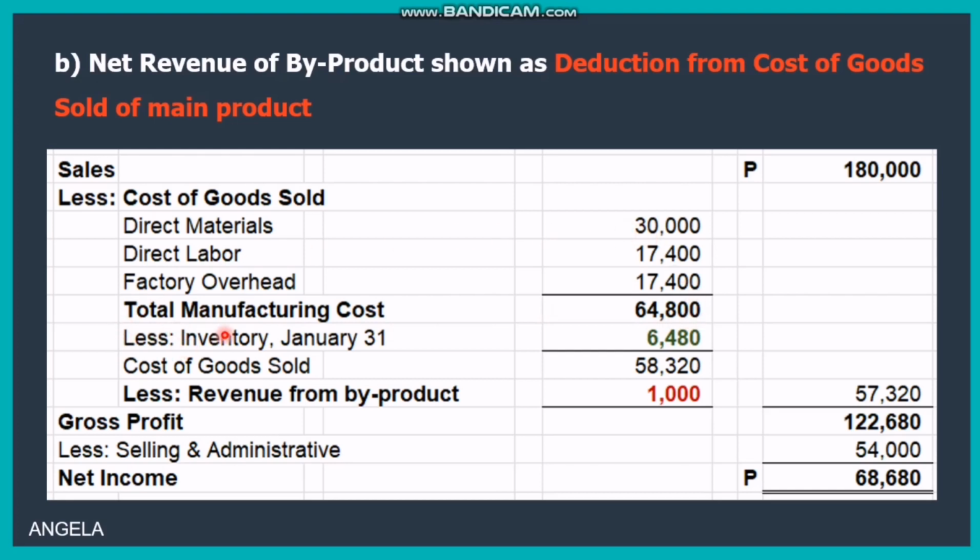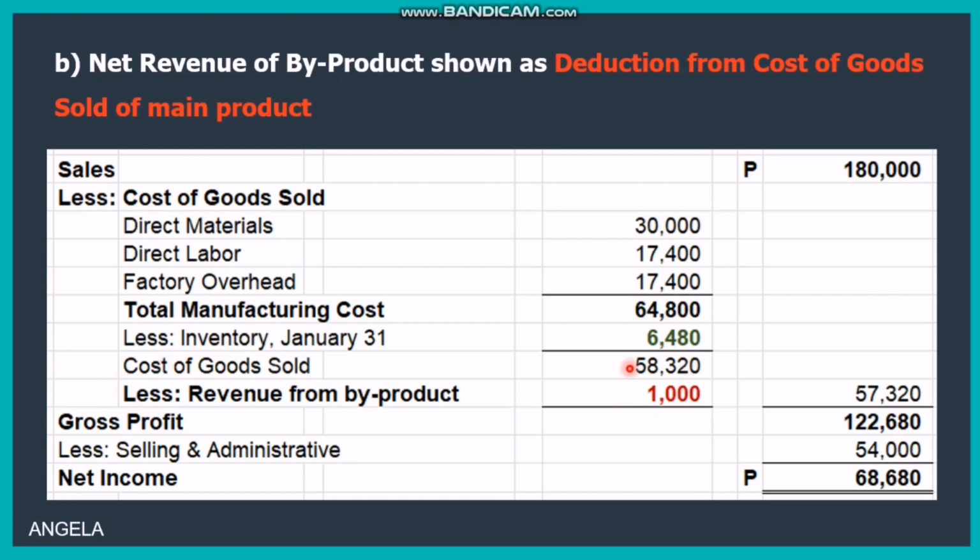Ililess na natin siya sa inventory na nakuha natin kanina na 6,480. So, 64,800 minus 6,480, merong cost of goods sold yung main product natin na 58,320.